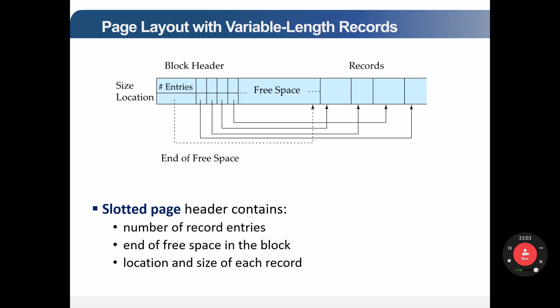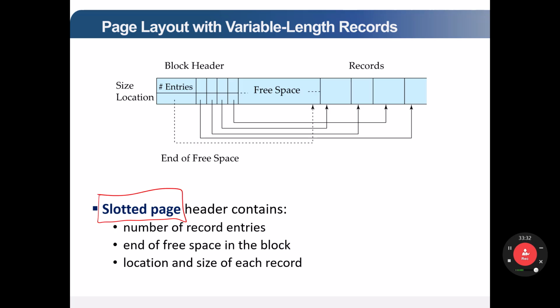Variable length records are those records with variable length attributes. So if a record has a variable length attribute, its size will also be variable. Therefore, the whole record size will not be fixed, and a table needs to keep track of the location of those variable length records. So how do we do that? There's a solution called the slotted page.